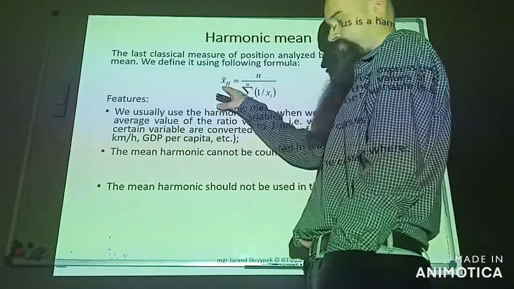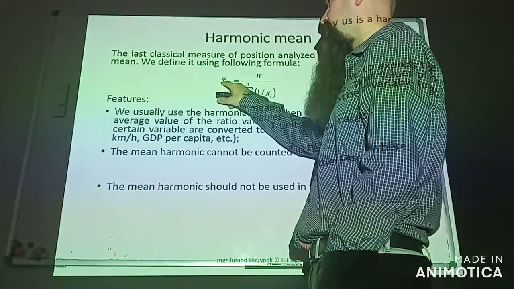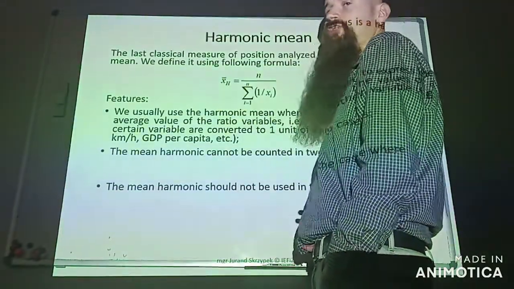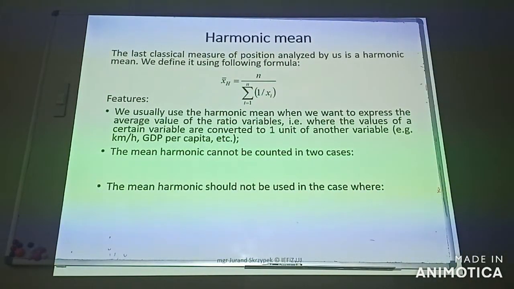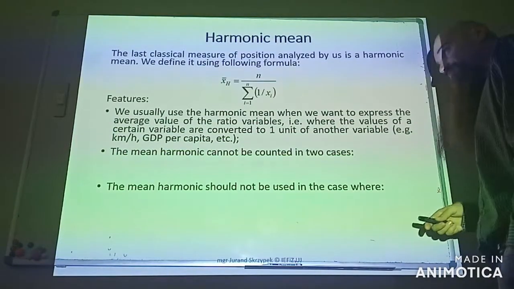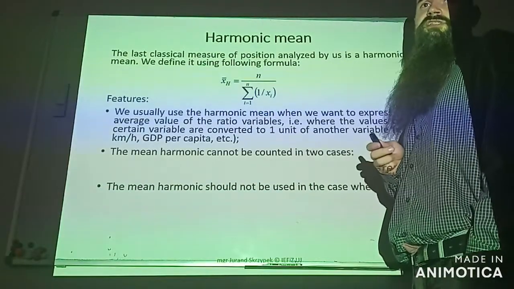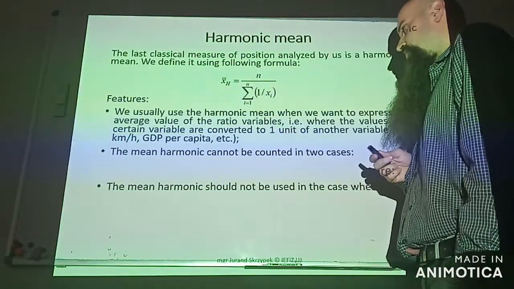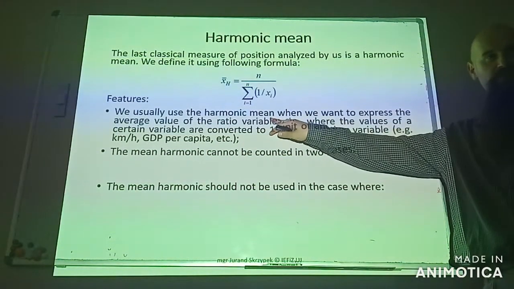We denote harmonic mean using X with underscore H. The letter H indicates that we deal with a harmonic mean. Population size over the sum of the reciprocal values of the variable. We usually use the harmonic mean when we want to express the average, a typical value of the ratio variables.